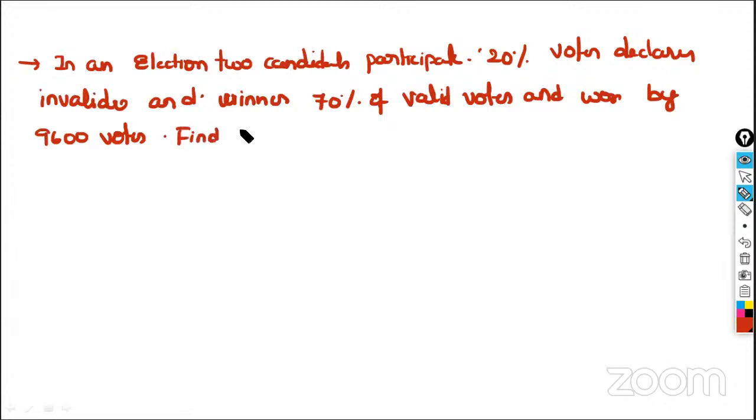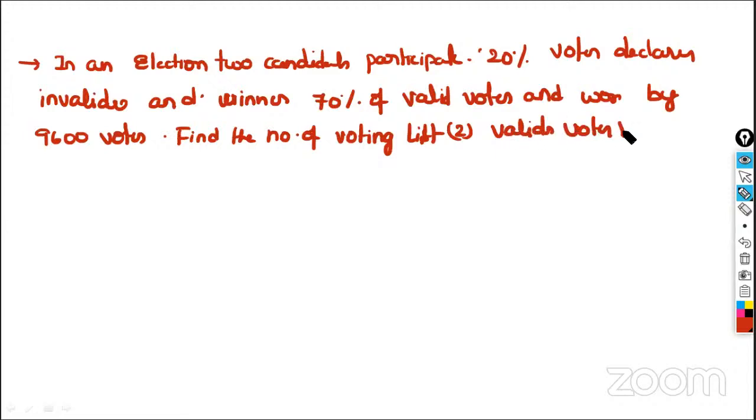Find the number of votes listed as well as valid votes. Okay, valid votes.